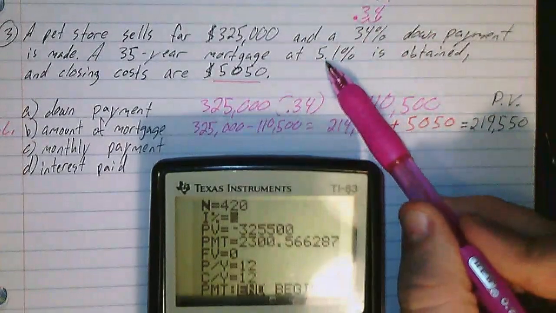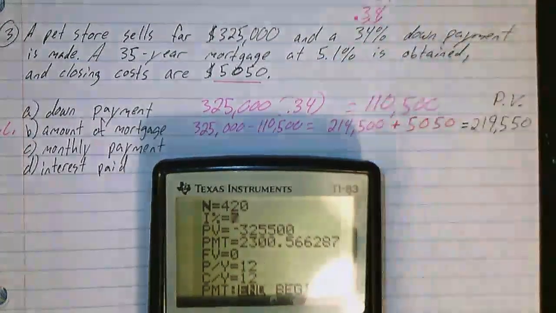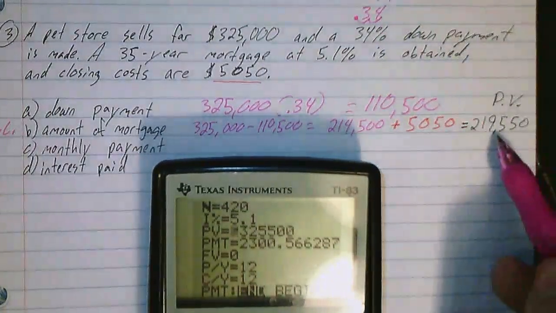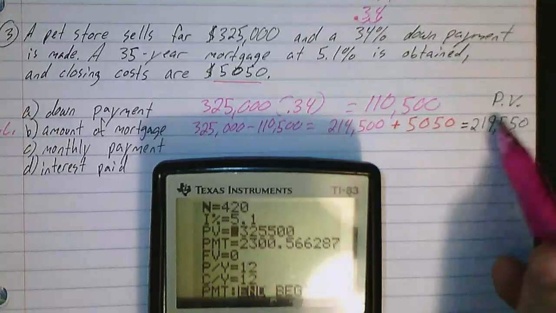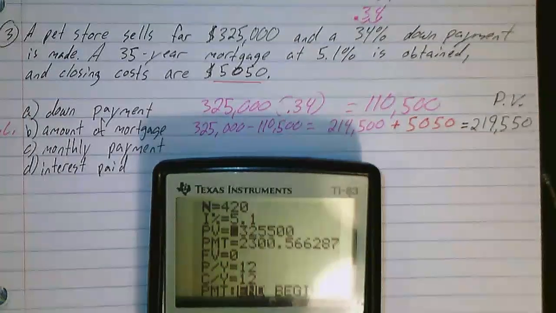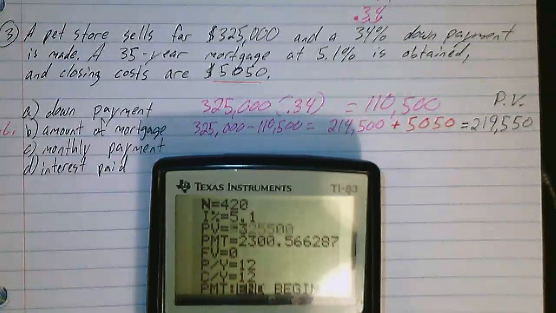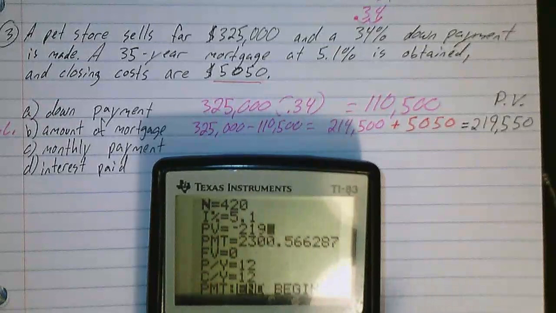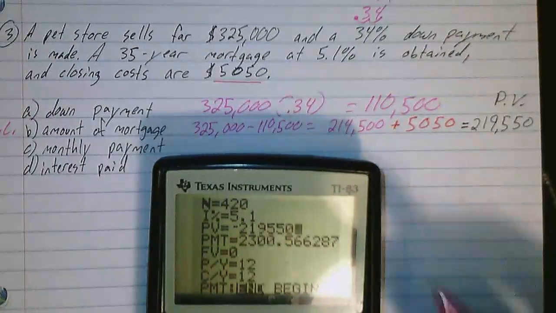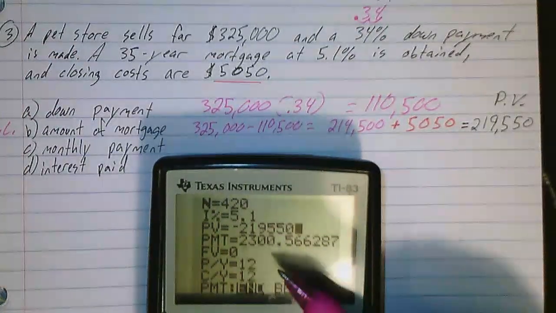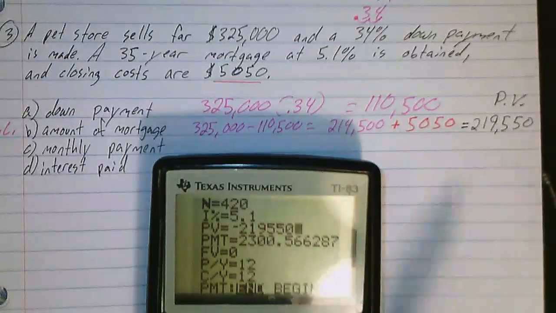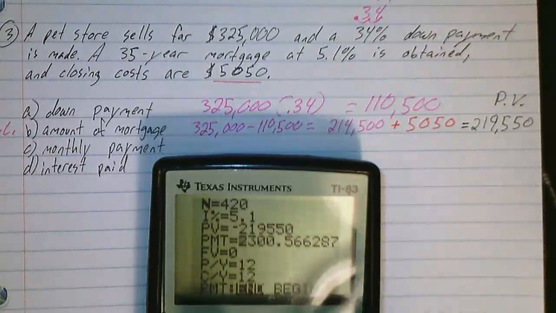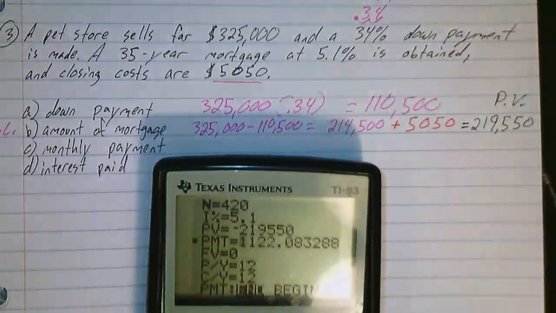Our interest rate as a percent, don't move the decimal, is 5.1. This is our PV. This is what we need to pay back. And since it's money that we owe, we put a negative sign, not minus, but the negative: 219,550. FV should be 0. These should be 12. You don't even have to clear payment. You just have to hover over payment and hit alpha, enter.